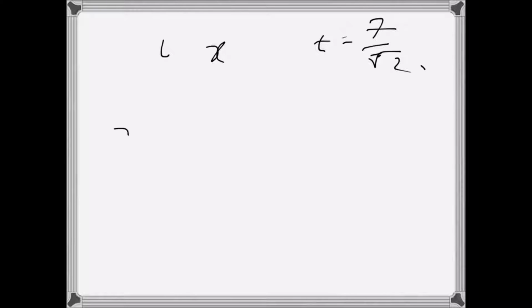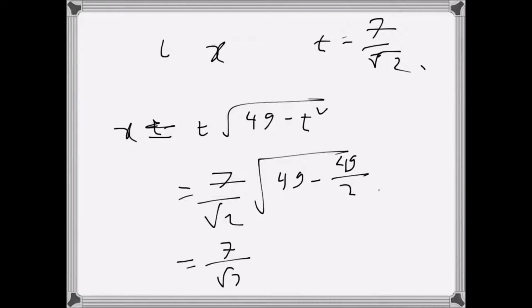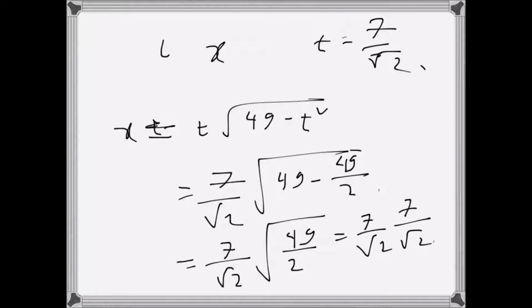So x is t times the square root of 49 minus t squared, so this is 7 over root 2, and this is the square root of 49 minus 7 over root 2 squared, so 49 over 2, that is 7 over root 2 there, and then the root of 49 over 2 is 7 over root 2, so basically this one is 49 over 2.